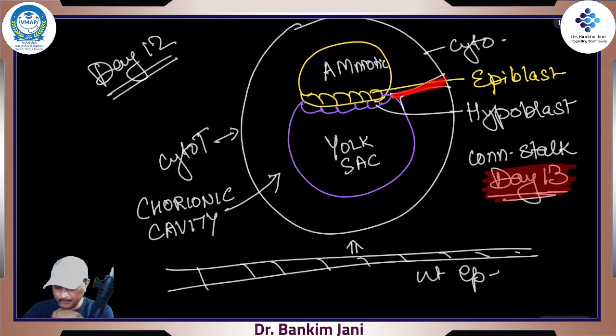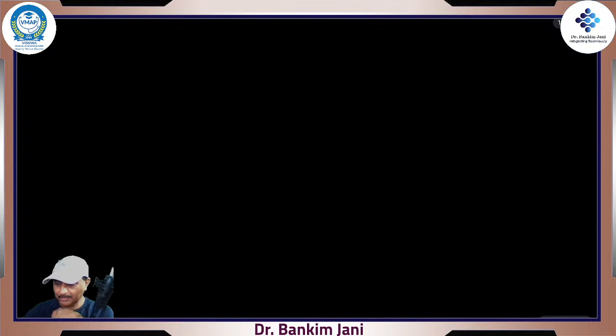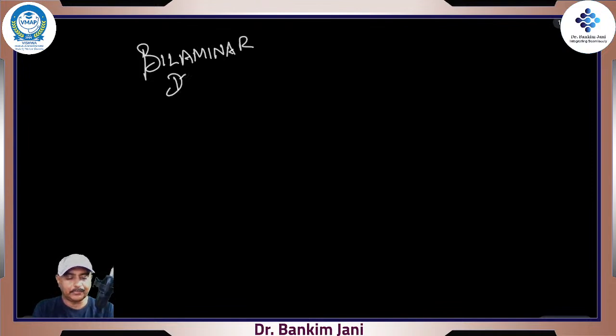From this level, we will not be drawing the uterine epithelium. Now we are talking about only one thing, the bilaminar disc, from this point onwards.